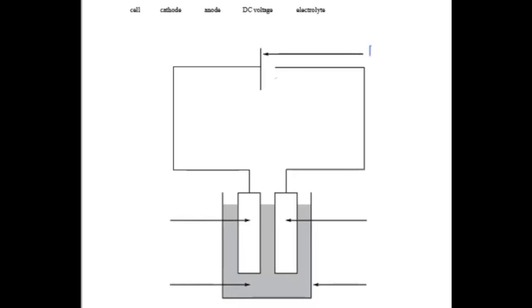This part here is representing DC voltage based on what's given. That's where we'd have our cells or batteries, or cells connected in series, or just the power supply. So DC voltage would be there.